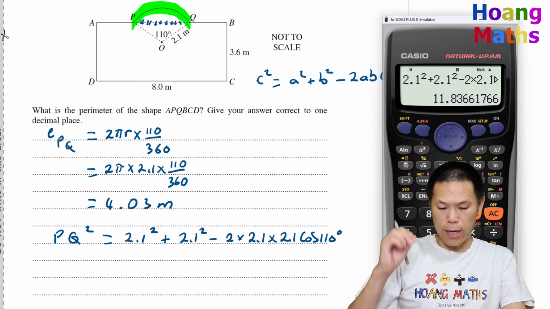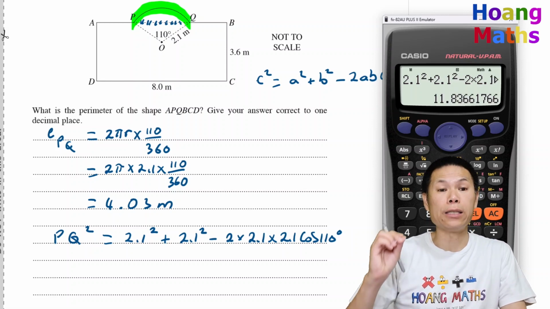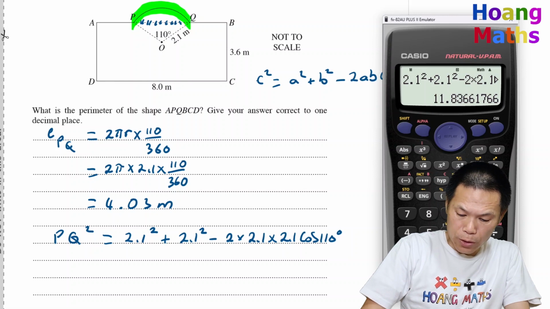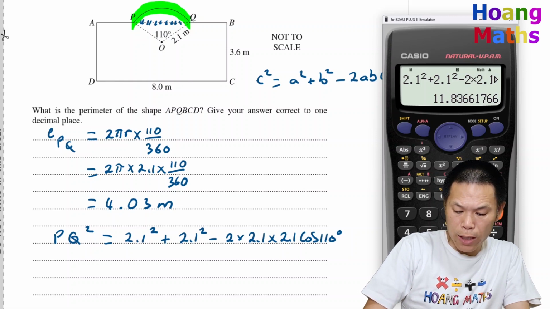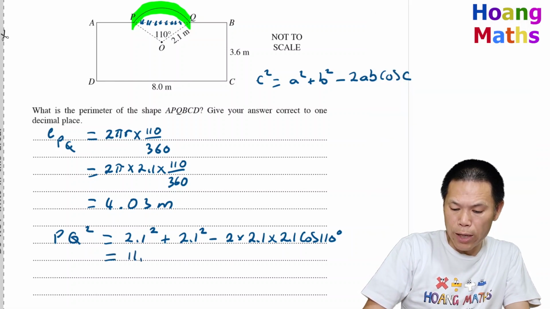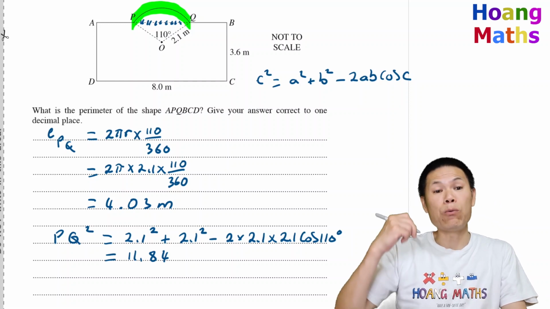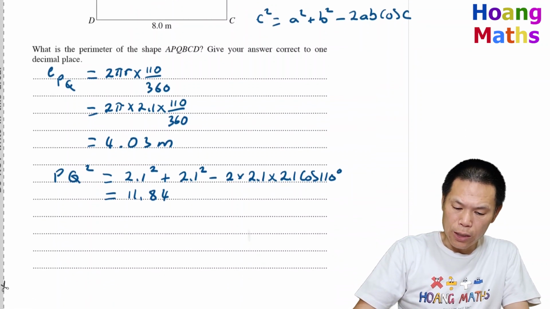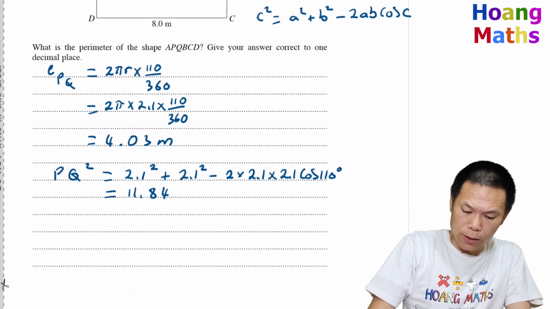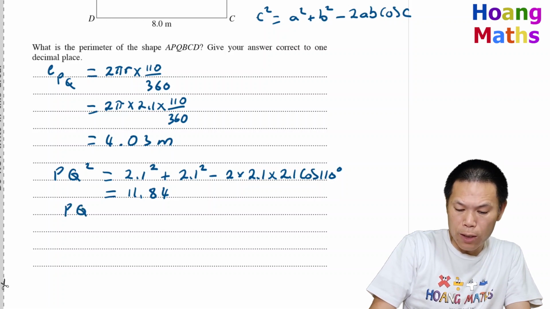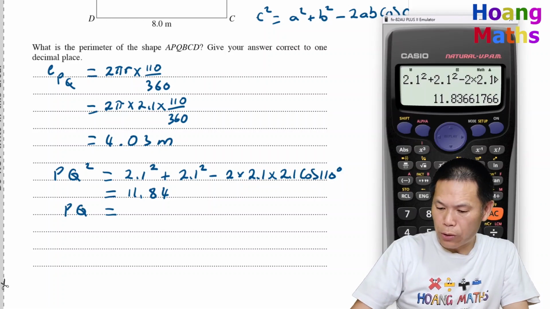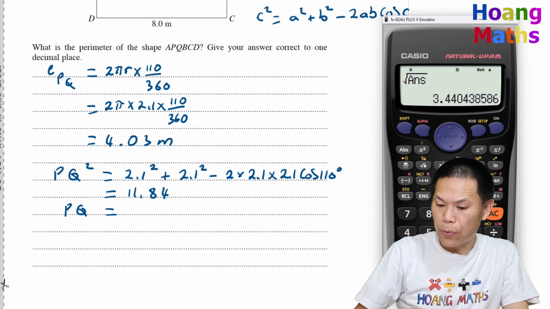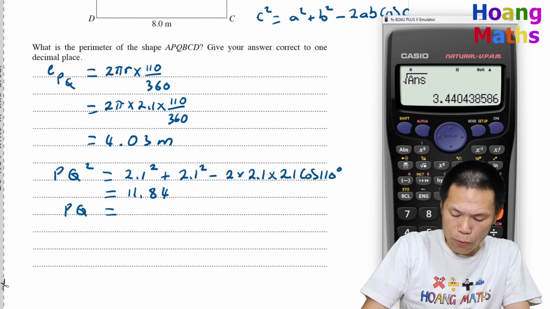There you go, 11.84. So that is PQ squared. But then we need to square root this to get PQ. So square root of the answer gives 3.44.